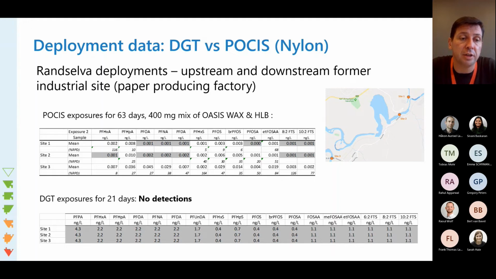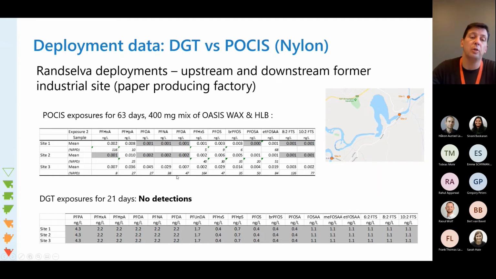When we used a POCIS sampler that was deployed for 63 days, we maximized the amount of sorbent that we put into that device, and we used this nylon membrane that allows much better exchange than other types of membranes. Then we start to see things in the water, but again, we are at the low picogram per liter level.